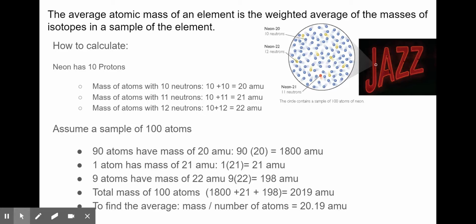And then we do the same thing for the mass of 21, okay? And you add those up, okay? 1,800, 21, 198, that gives you 2,019 mass units, and you divide that by however many you have, okay? So we're looking at the average atomic mass of 20.19, okay? You should find that that is pretty close to what we have there on the periodic table. I believe on the periodic table it's listed as 20.17 or 20.18, okay?